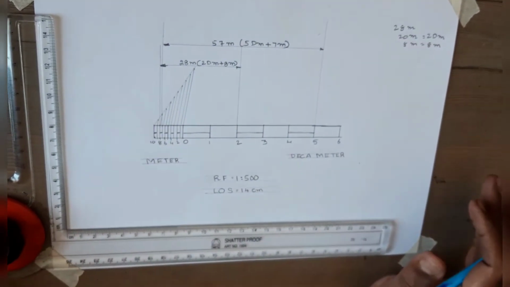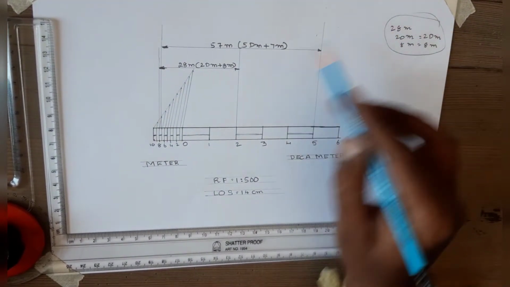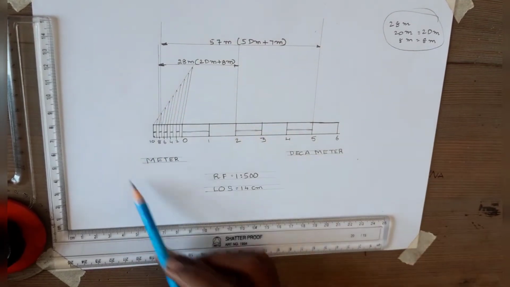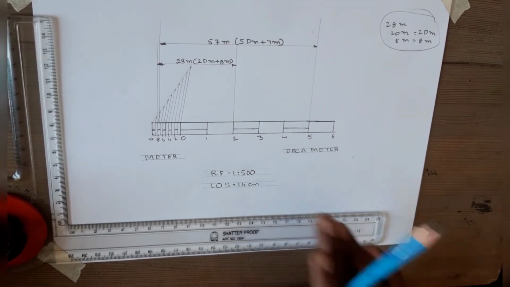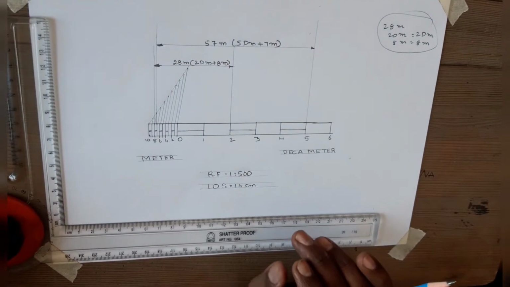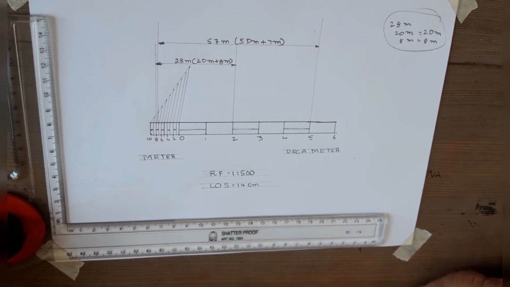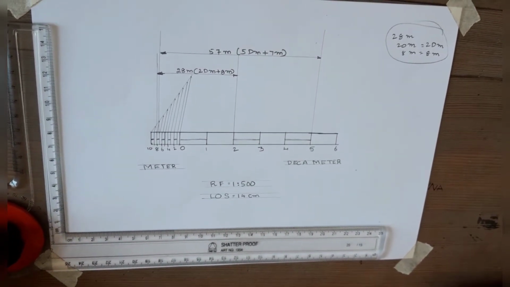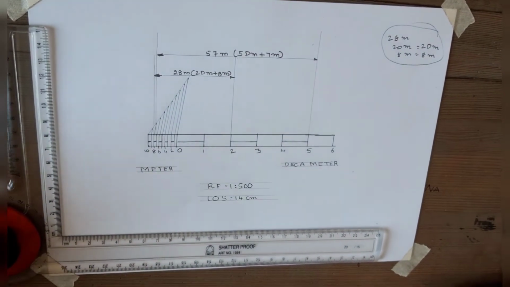This is the way we have to construct the plain scale. This information should not be there on your drawing sheet. Only this portion should be present on the drawing sheet. So this is for metric units. Once it is given in the FPS system, how do we solve it? We'll take one particular problem, then I will explain that one.